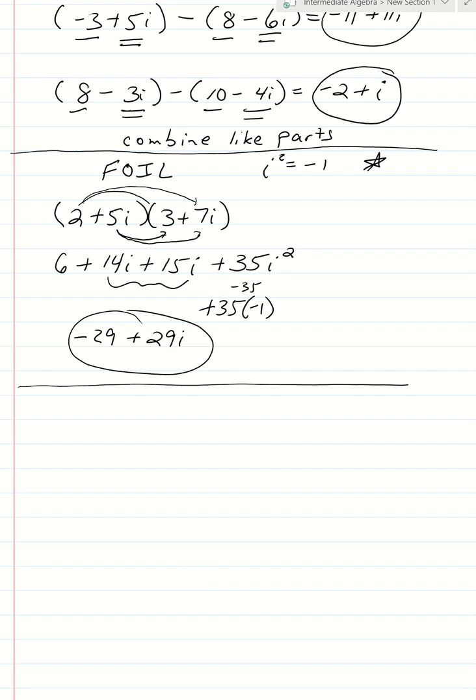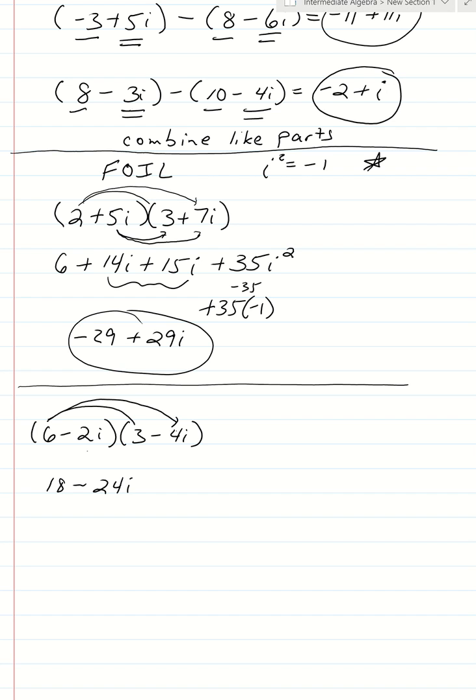Let's do another one. Let's say we have 6 minus 2i being multiplied with 3 minus, let's say, 4i. Once again, we will FOIL this together. 6 times 3 is 18. 6 times the -4i would give you a -24i.